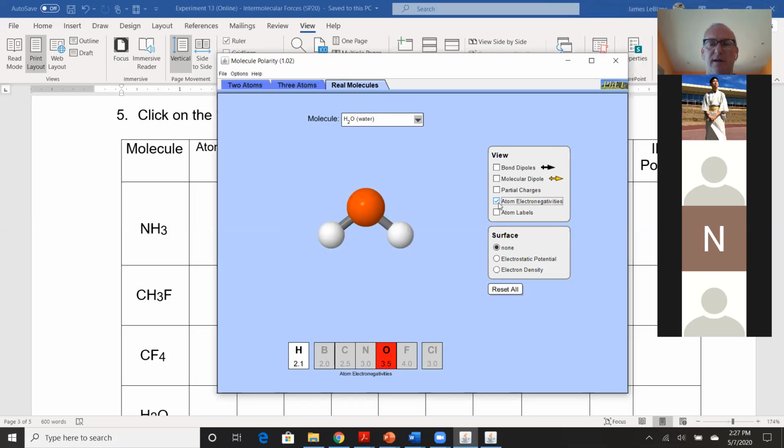What direction is the arrow going to be pointing in for my bond dipole? Towards H. They're either going to be pointing towards the hydrogens or towards the oxygen. Which direction could they be pointing in? Hydrogen. Anybody else? Oxygen.